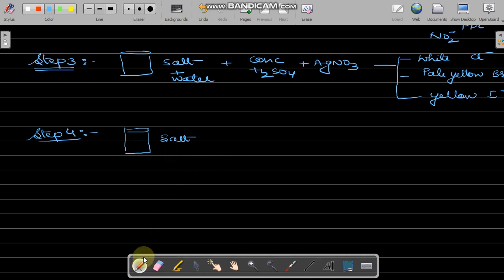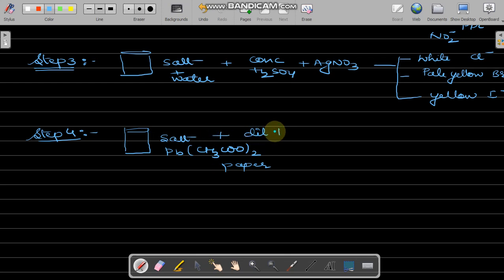We just put the salt, and we take a lead acetate paper, CH3COO lead acetate paper. Now this lead acetate is available in the laboratory. Take the lead acetate reagent, dip a filter paper in it, and put it in the salt.